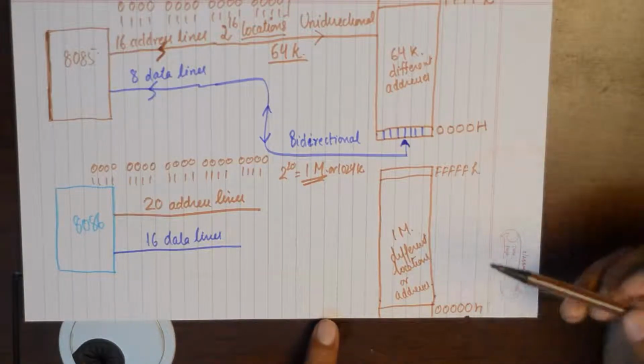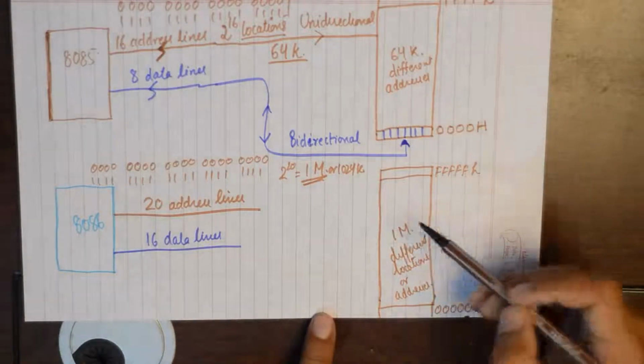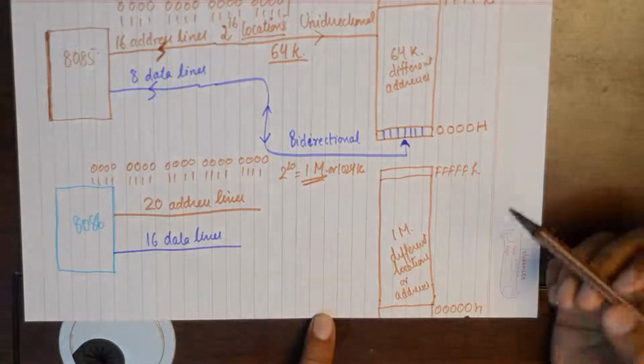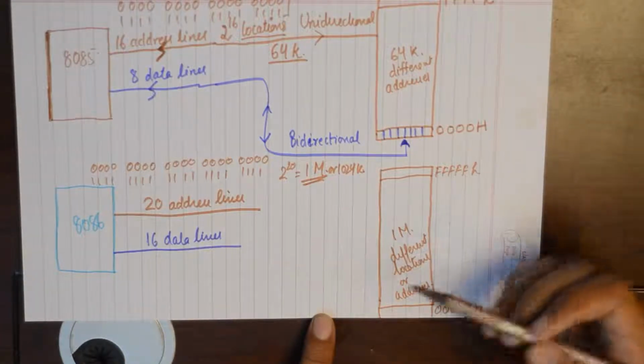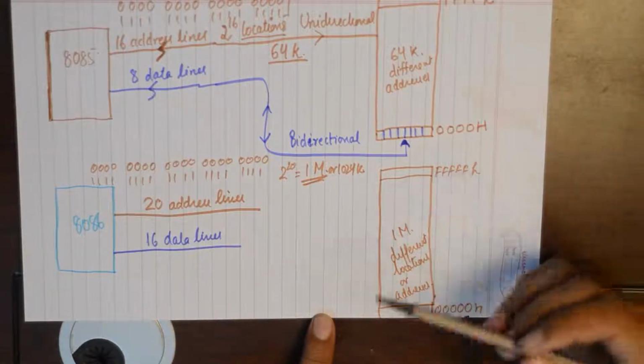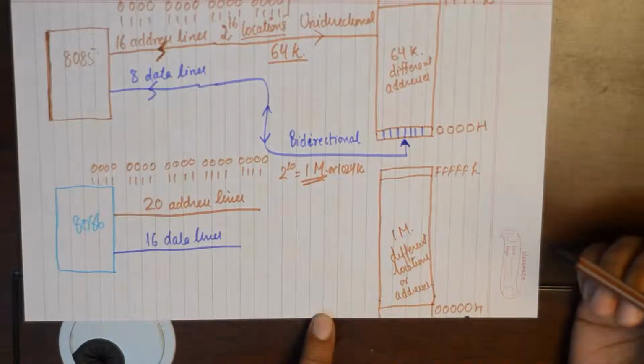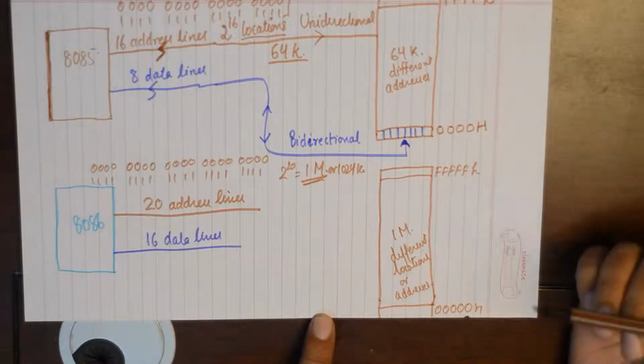In other words, this memory that we can interface with the 8086 is many times bigger than what we could have interfaced with the 8085.